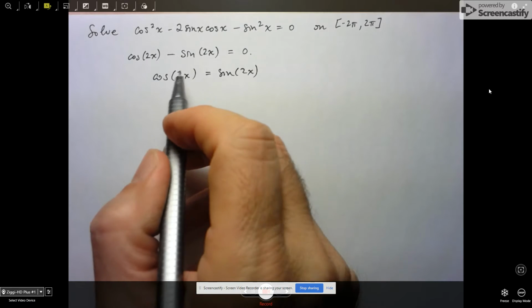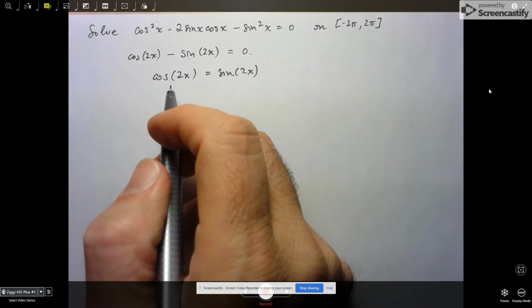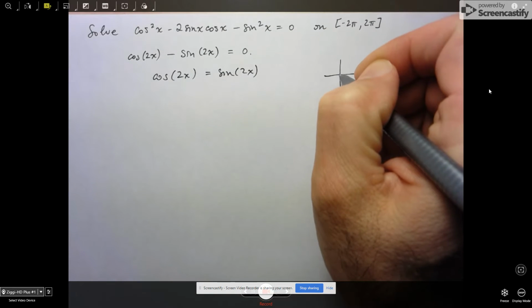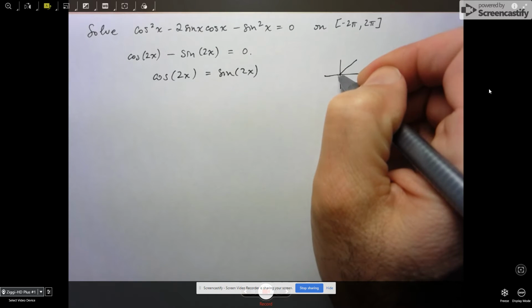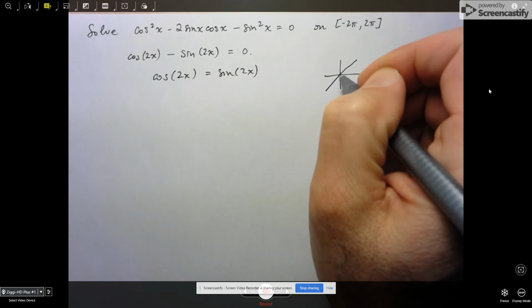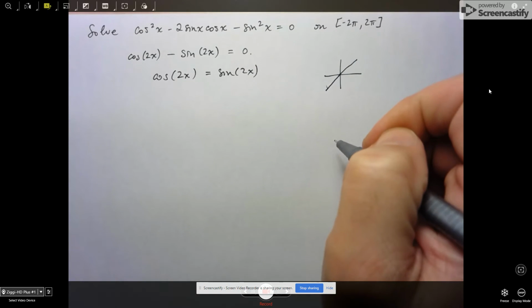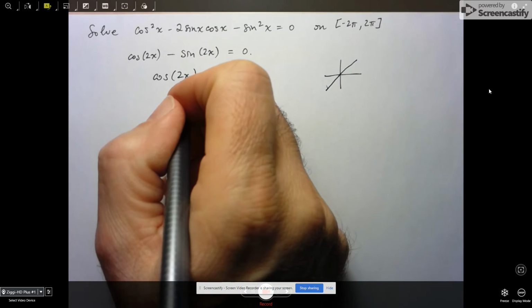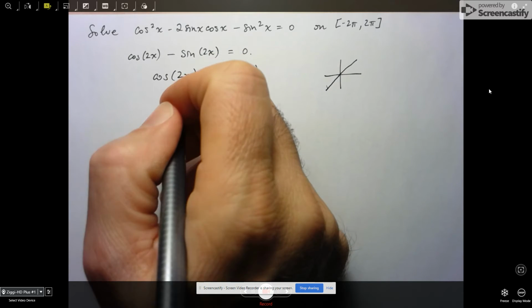And in this case, we can, because we know when sine x and cos x are going to be equal to each other. That happens at pi over 4 in the first quadrant, where our x and y values are exactly the same. And it's also going to happen in the third quadrant, where again, for any point along this terminal arm, the x and y values are going to be the same. So in this case, our input is not x but 2x.